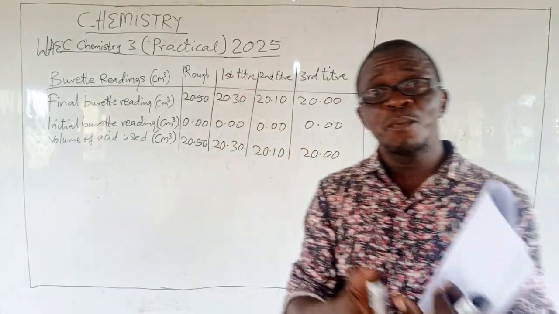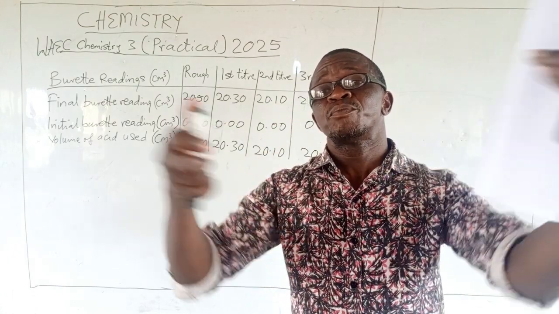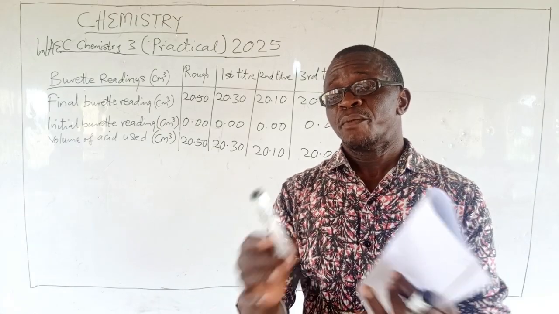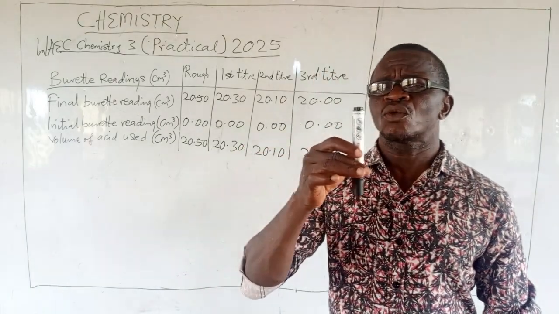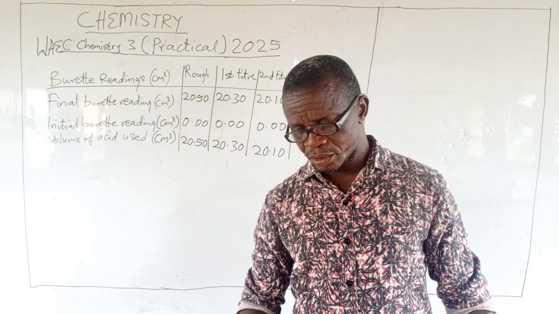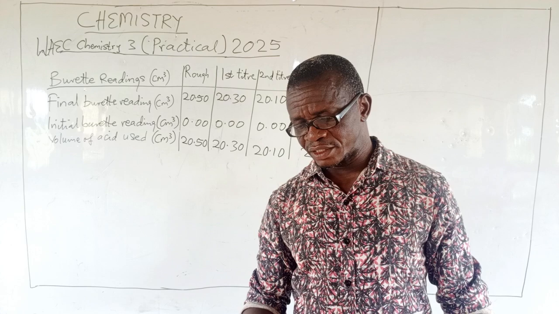Take the measurement. When you are taking a reading, whether burette or pipette, whether initial or final, make sure you place it straight to your eye level. Do not keep it like this and take the reading. You will not get the right reading.